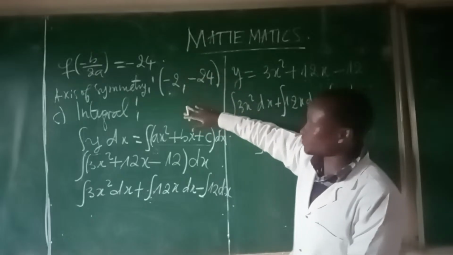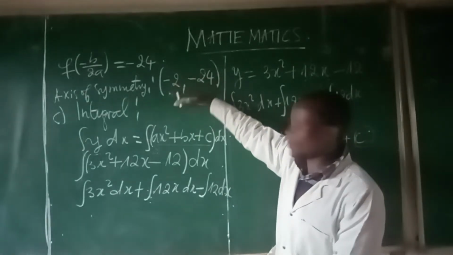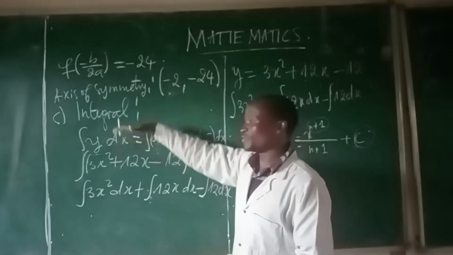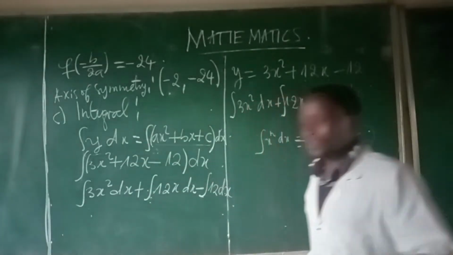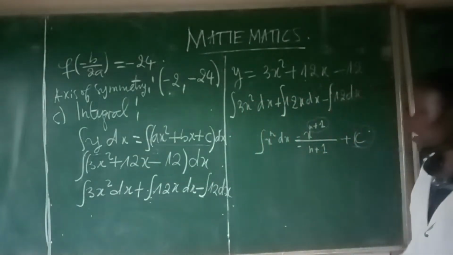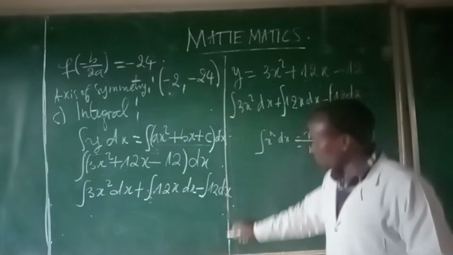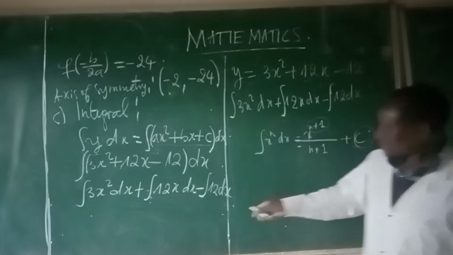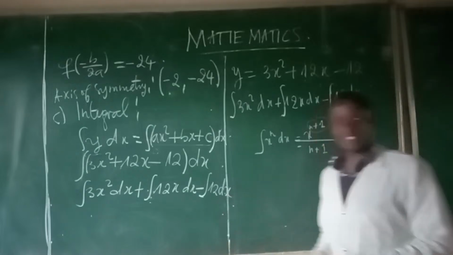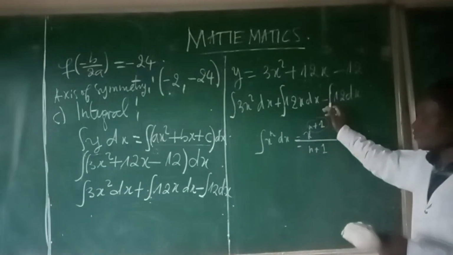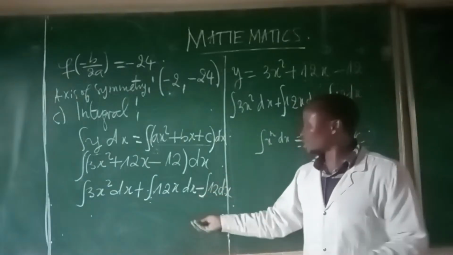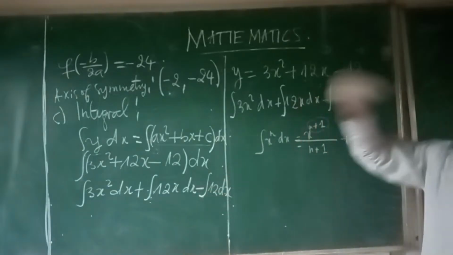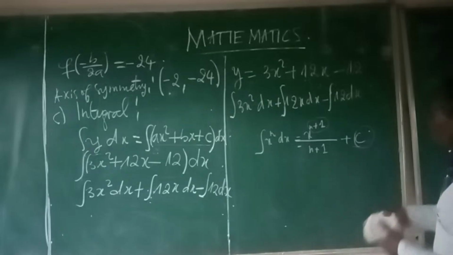The next was the vertex. The next one was in derivative and integral. Derivative is the lesson that we did in grade 10 or grade 11. Integral is a lesson relating to grade 12. There is different content. So now let us continue.